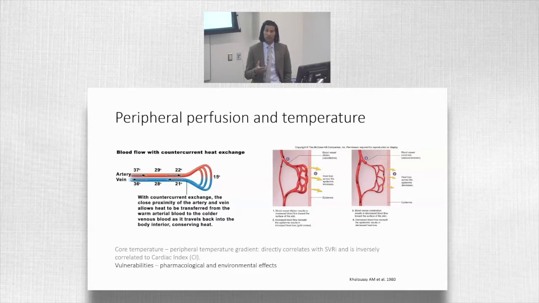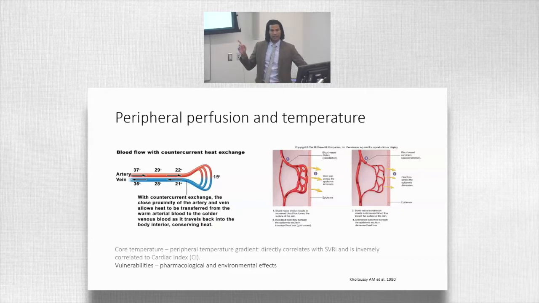And so vasoconstriction that occurs as part of this adaptive response is more marked in extremities. The consequence of that is that you radiate heat much less effectively. This mechanism that is adaptive under normal circumstances becomes maladaptive and concentrates heat in your core. And this is the basis of the inability of patients in low output states to effectively dissipate heat.